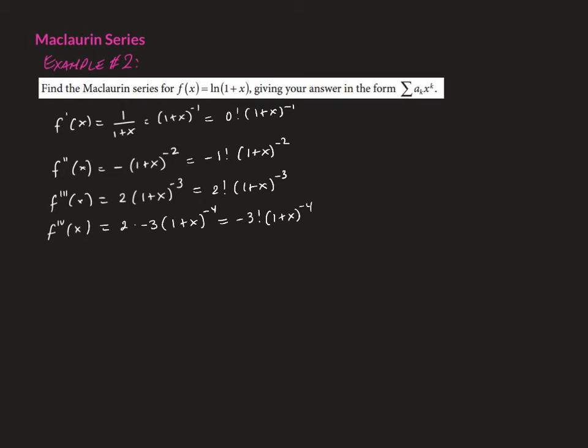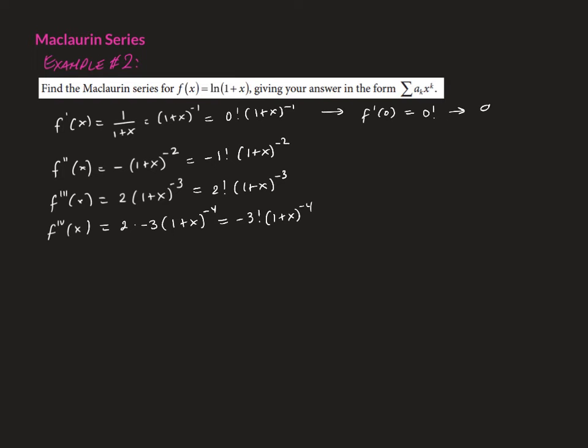Now that I have the derivatives, I will want to evaluate them at 0. In this case, I'm trying to get all those derivatives and calculations done first so that I can just jump right into substituting in the expression for the polynomial. So evaluating the first derivative, we get f dash of 0 is equal to 0 factorial.